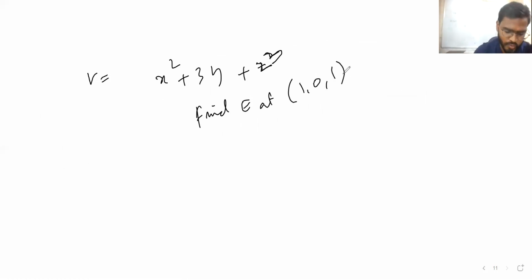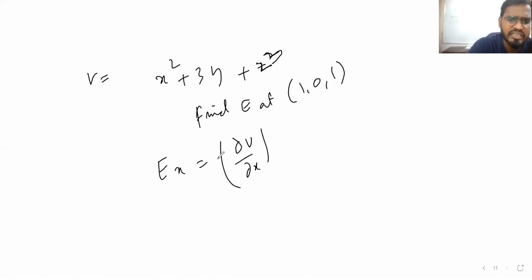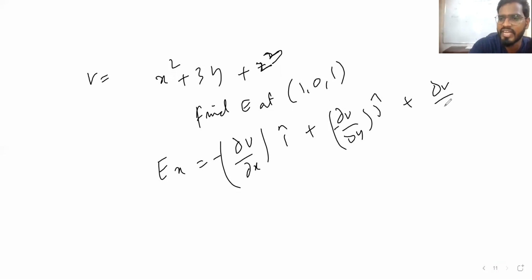Then again E we can find. E is minus of del V by del x i cap, minus of del V by del y j cap, minus of del V by del z k cap.